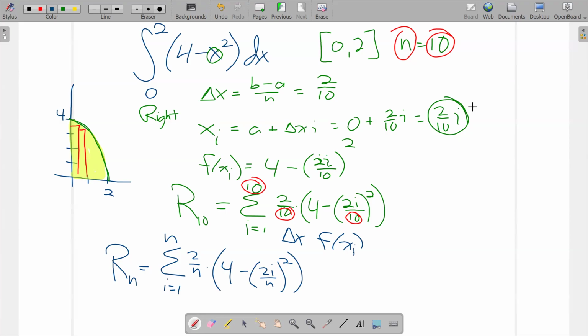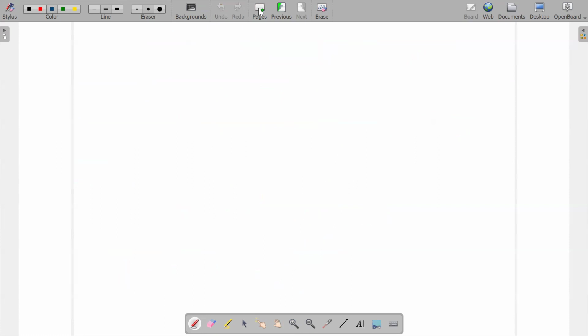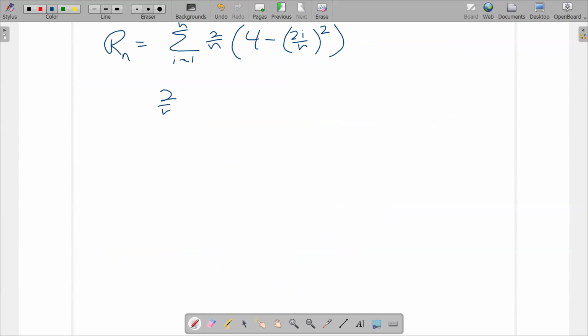Next question, can we clean this up? To clean it up, I'm going to pull out the 2 over n and then split the sum over the difference and see what happens. I'm just going to restart that on the next page. So R_n is 2 over n times the sum of a bunch of 4s.